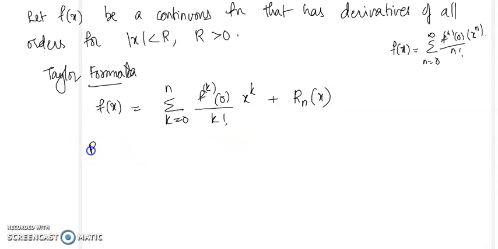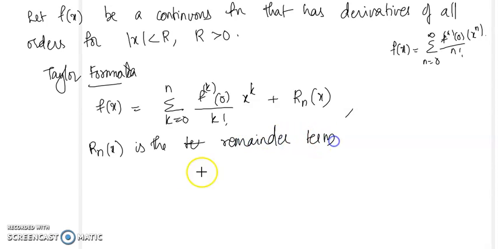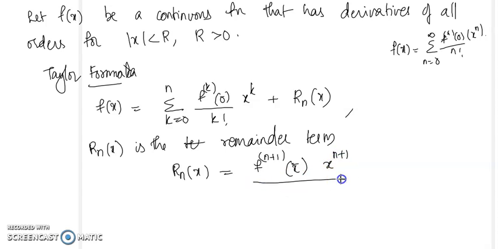Here R_n of x is the remainder term, and R_n of x is equal to the (n+1)th derivative of f at some point x bar, into x bar raised to n plus 1, by (n plus 1) factorial. So x bar is a point between 0 and x.